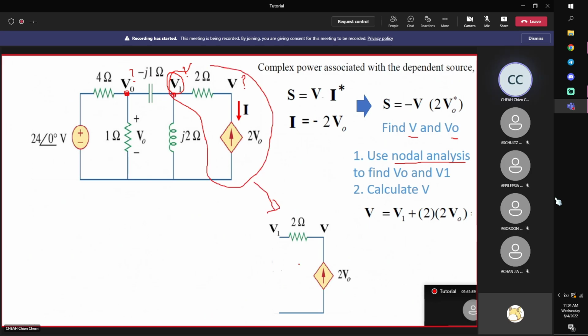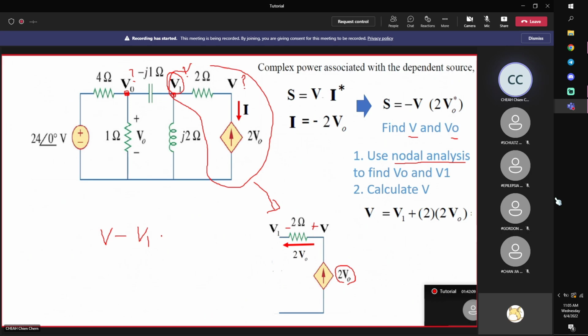just focus on this part of the circuit, and you can see that this current flowing through the resistor comes from here, which is 2V0. So if you use Ohm's law simply here, the voltage across this resistor is V minus V1, because I assume current will flow this way, high to low.